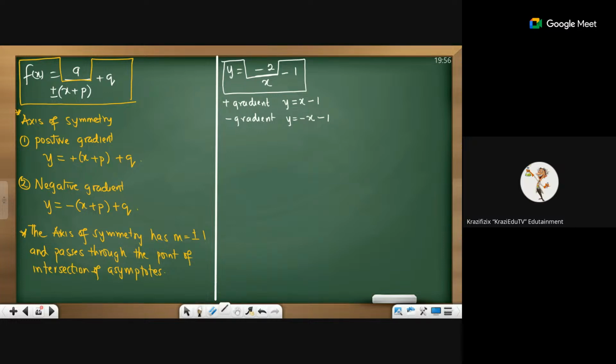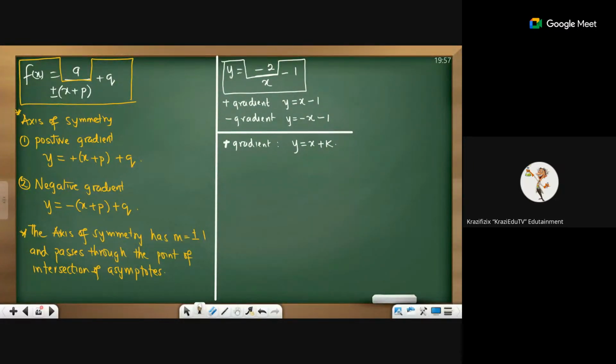Here is another way to get it. Look at this. The examiner will tell you the one with a positive gradient. There's a standard formula. Y equals x plus k. Find the value of k. Already I can see that my k is -1. But here's what I want to see.